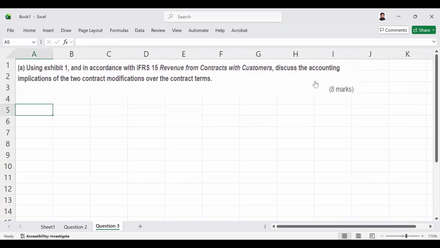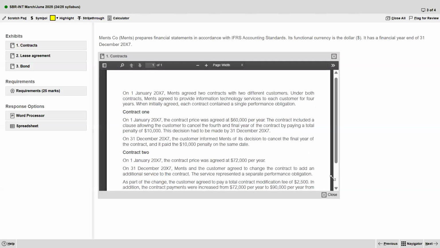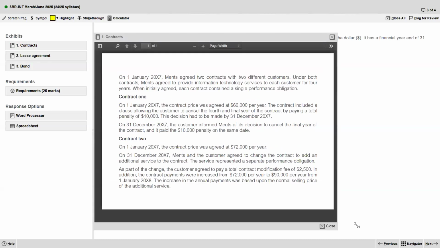Now, let's just see. If we talk about these contracts, what is it that we have to do? Try understanding this.